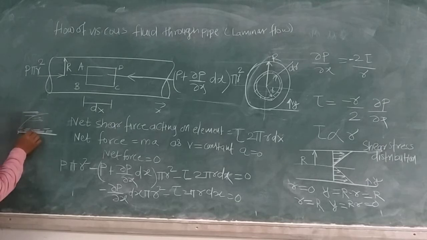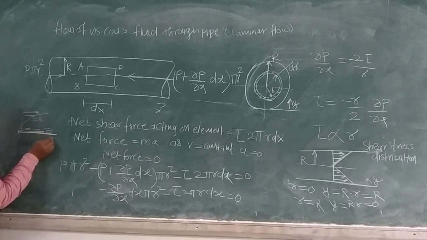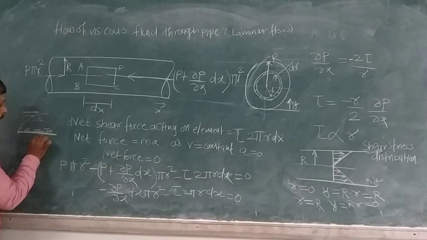Because the fluid near the wall is stationary, it retards the flow, that is, it resists the flow. That is called viscosity. So this shear stress is the shear resistance acting to resist the flow because of the viscosity. This is denoted by tau.